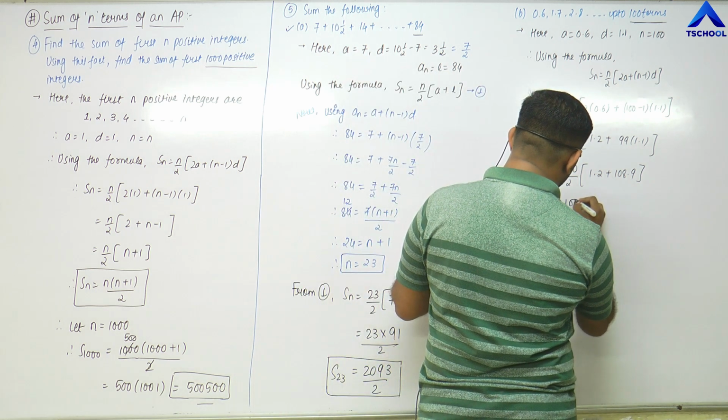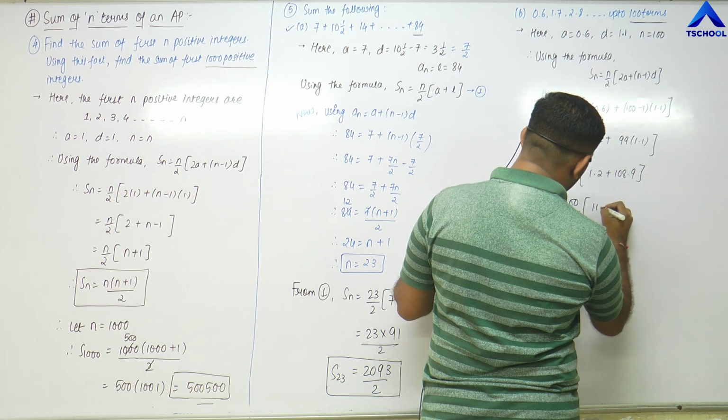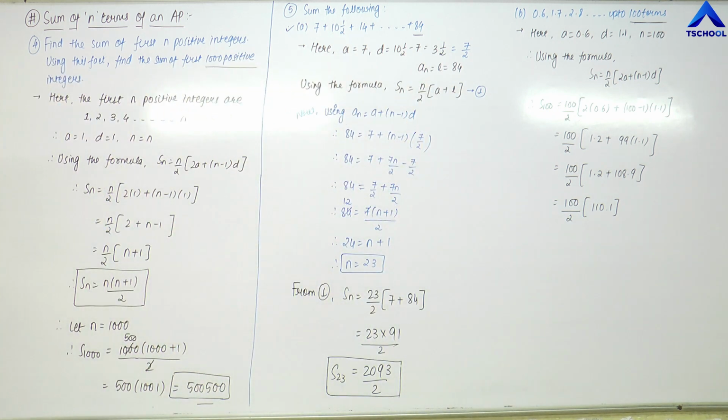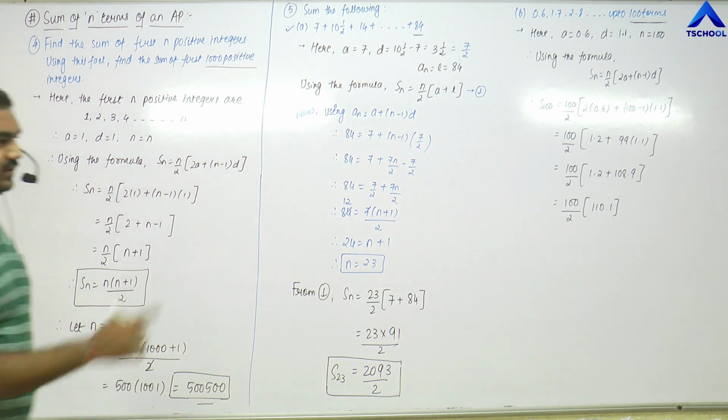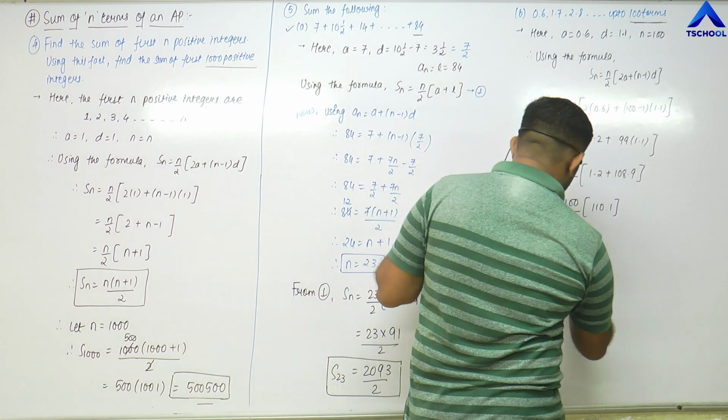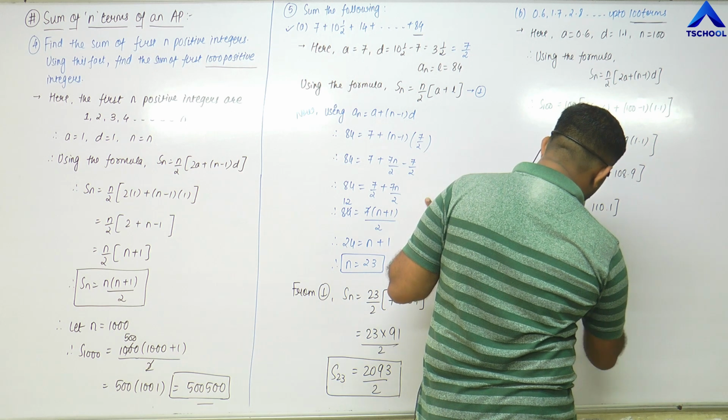So that is 100 by 2 into 110.1. Okay. Multiplying these two, 100 into 110.1, that will give me 11010, right? That is equal to 11010 divided by 2.